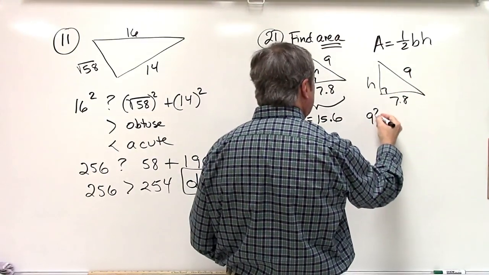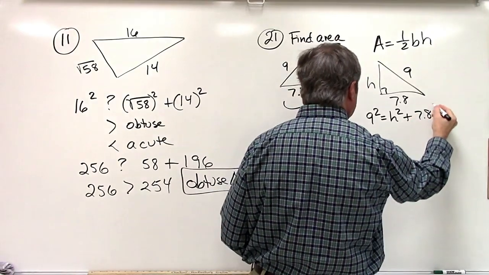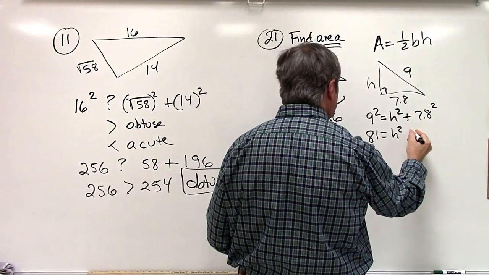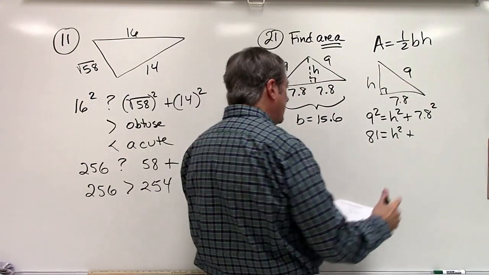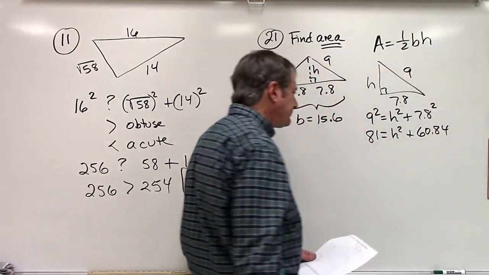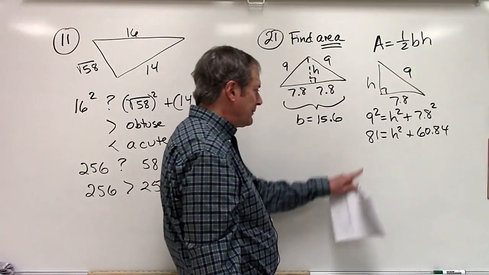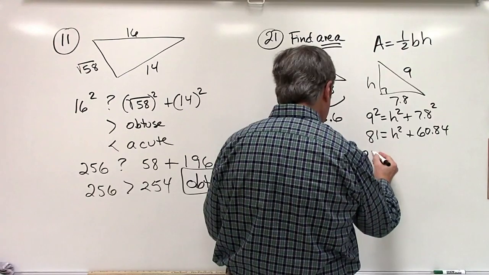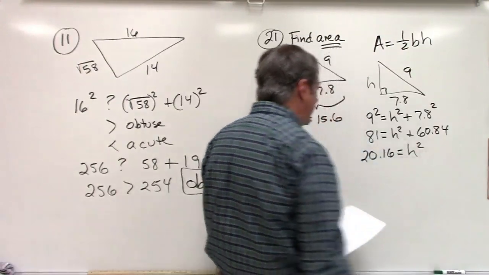So we'll say that 9 squared is equal to h squared plus 7.8 squared. So we get 81 is equal to h squared plus, now let's see, 7.8 squared was 60.84. So we're going to subtract 60.84 from the number 81, and we get that 20.16 is the height squared.